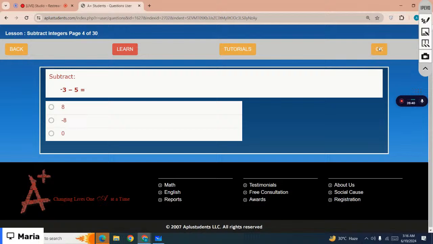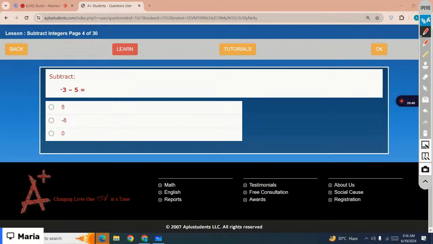-3 minus 5, which is the correct option? You can write it as -3 plus -5, right? That means you are adding two negative numbers, and you know how to add two negative numbers. When you add two negative numbers, you add them and the answer is negative.